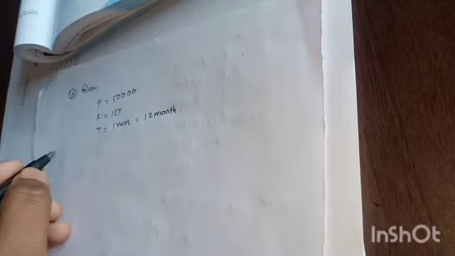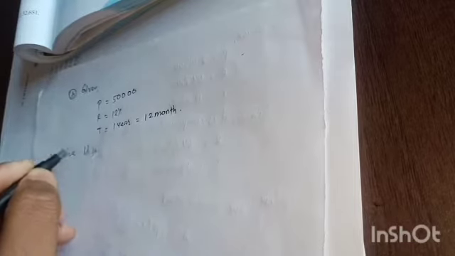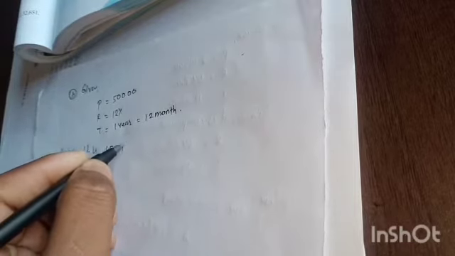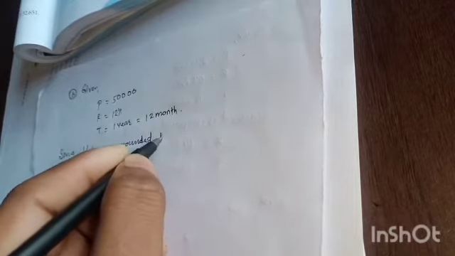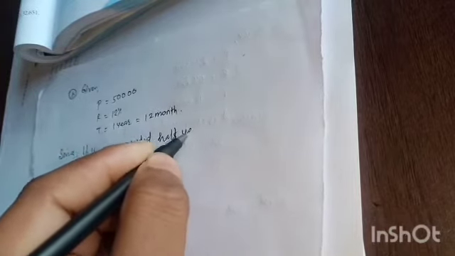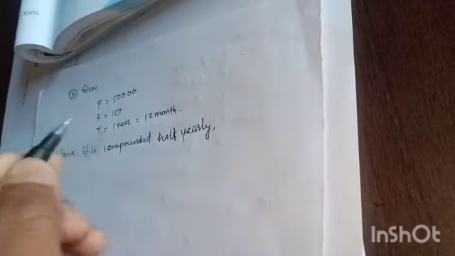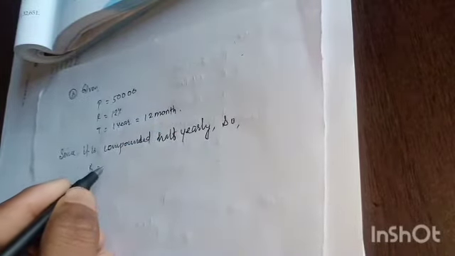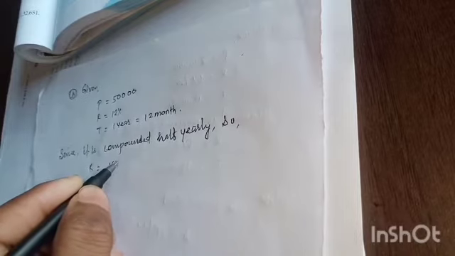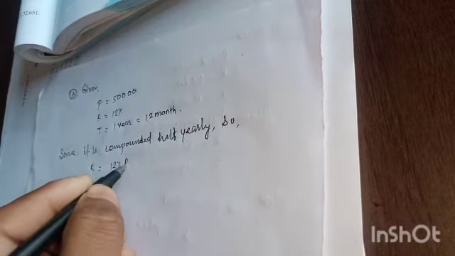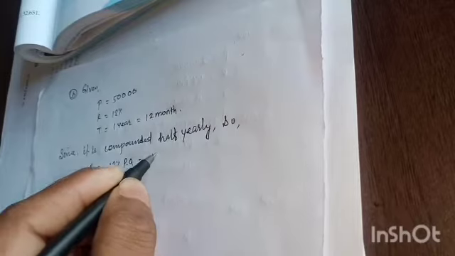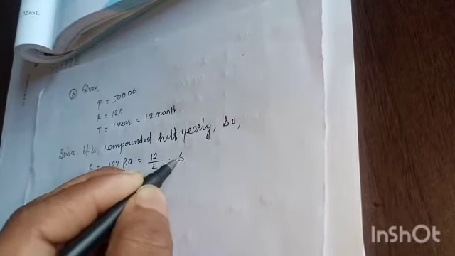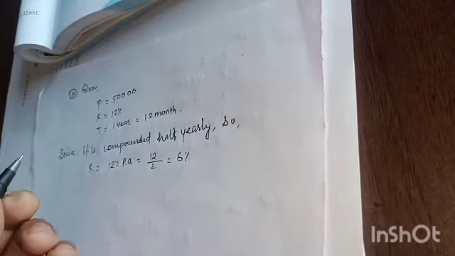Now since it is compounded half yearly, the rate of interest will be how much? 12% per annum means 12 by 2, which is 6%.